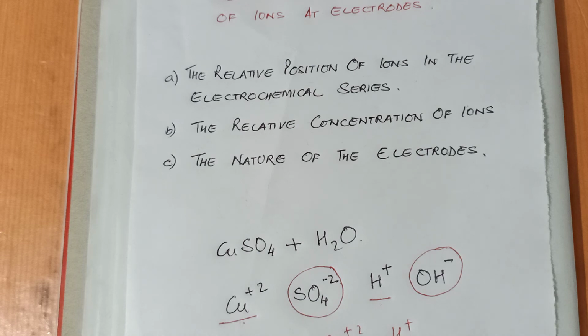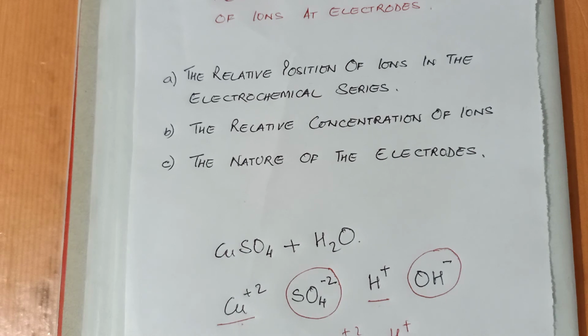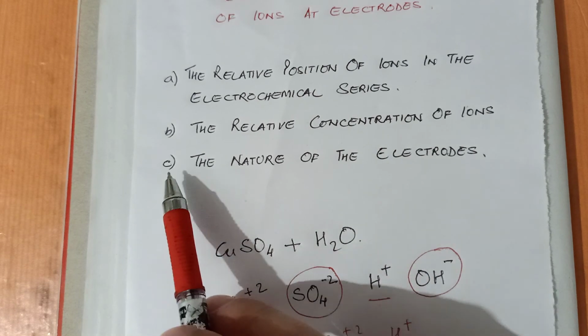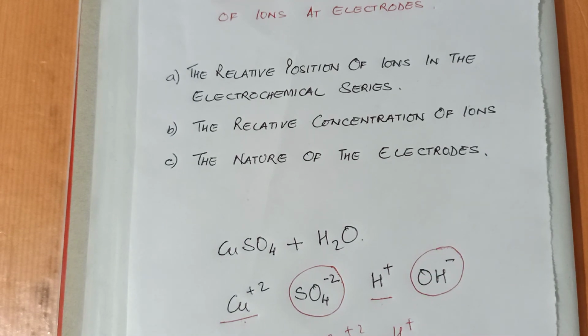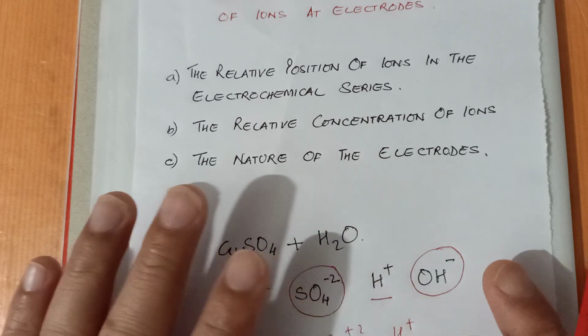The lower the concentration, the lower the preference of discharge. Number three, the nature of the electrodes, whether we are using an inert electrode or an active electrode. The preferential discharge of ions at the electrode depends on that also. So there are three things you have to remember: the relative position of ions in the electrochemical series, the relative concentration of ions, and the nature of the electrodes.